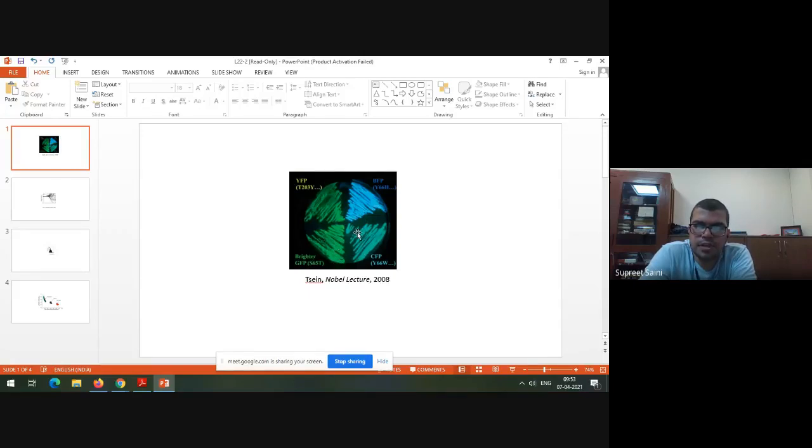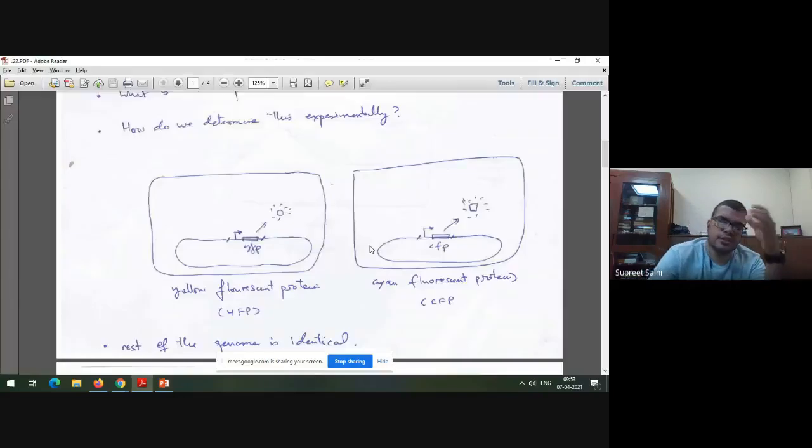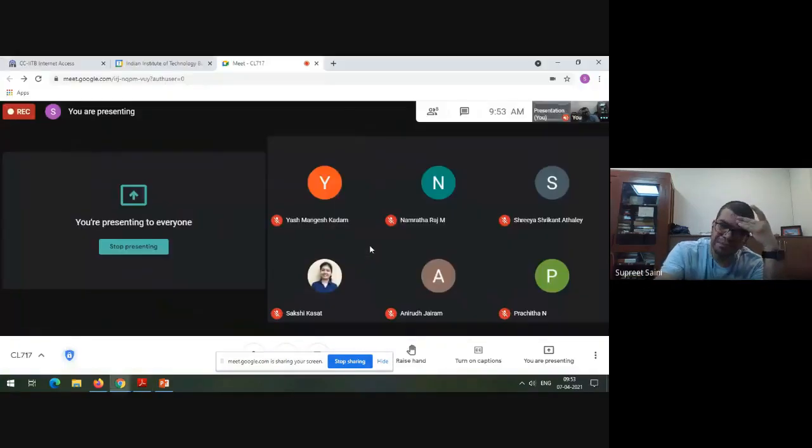For our experiment, the two versions we are interested in are the top left and the bottom right. The choice of these two is very deliberate, because the way you detect these fluorescent bacteria is that each fluorescent protein has a particular excitation wavelength. You shine light of a particular wavelength, and these proteins absorb that light and emit light at a particular wavelength.